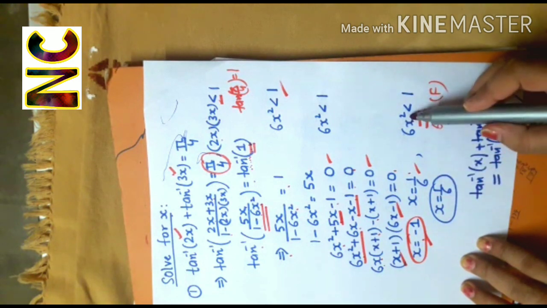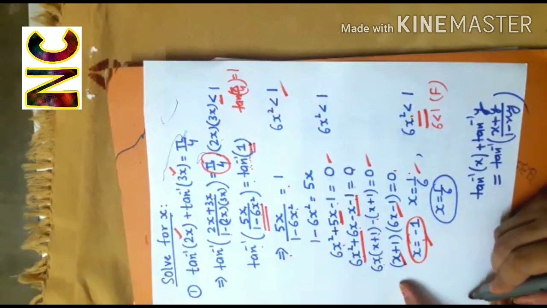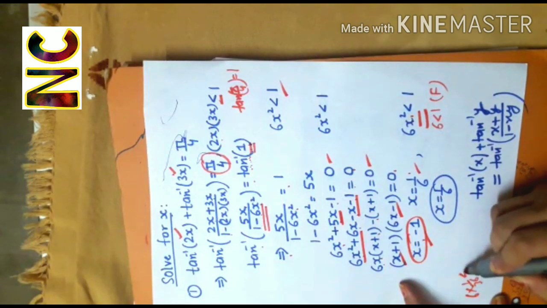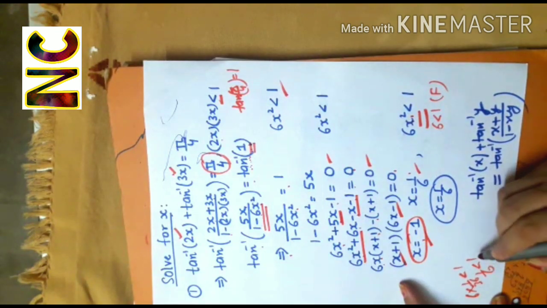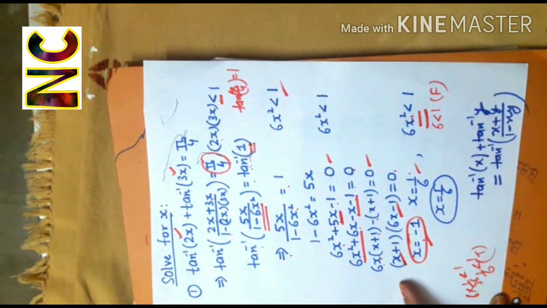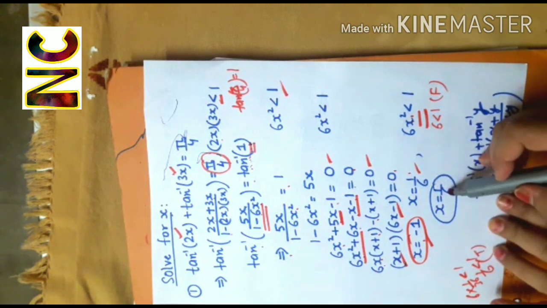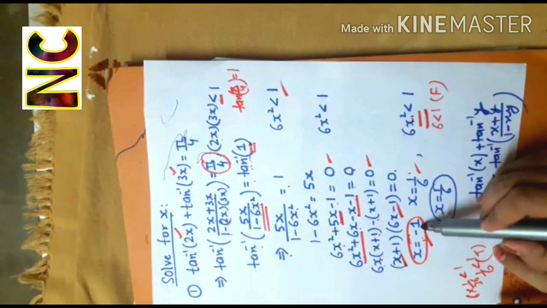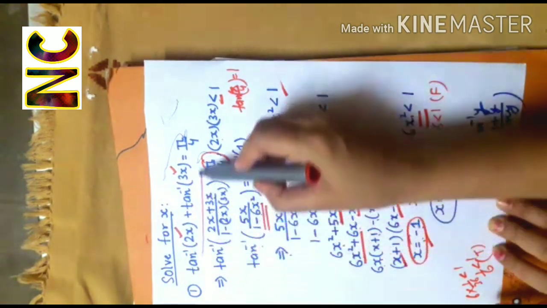And if you put x equals 1 by 6 here, you will get 6 into 1 by 36 less than 1. That is 1 by 6 less than 1. True. And also you can see x equal to minus 1 does not satisfy the equation.